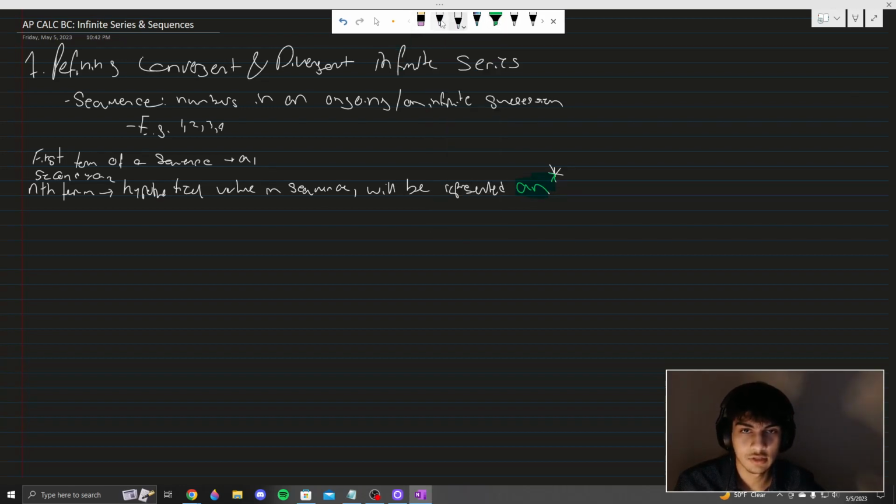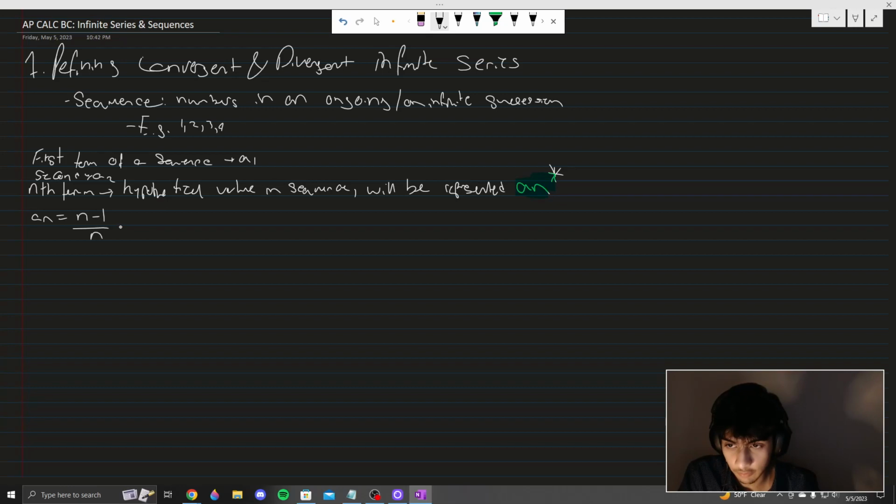And it's just a great way to not only express a series, but then set up your equations for evaluation as well. So you can generate the terms in a sequence by using a formula. So we can have a sub n equals (n minus 1) over n.